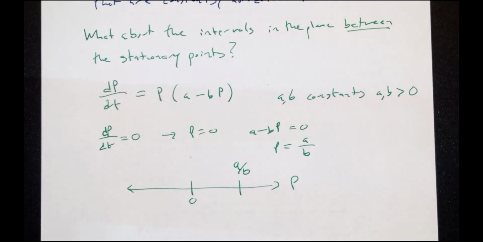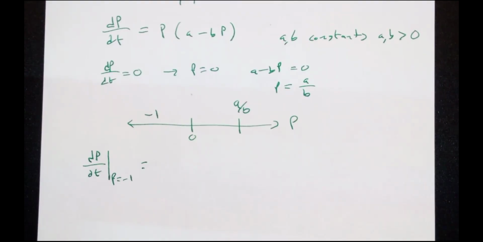Let's pick a number smaller than 0. For P, any number smaller than 0. How about -1? That's easy. What happens if you put -1 into the slope? dP/dt evaluated at P equals -1. All you have to do is put that in here, right?